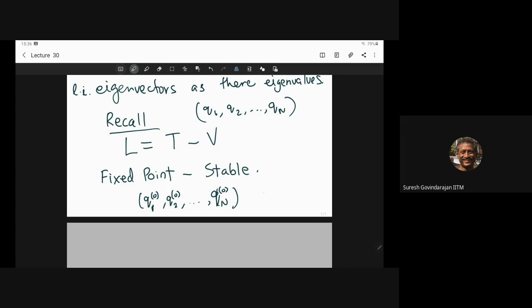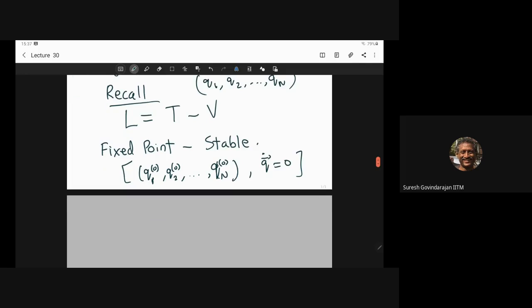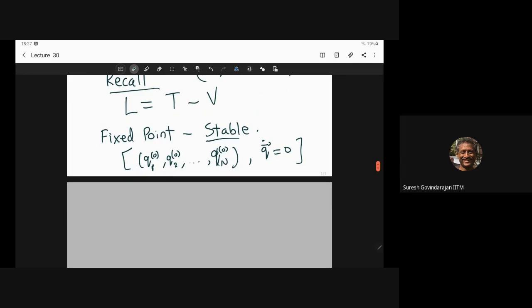Okay. And of course, all the q dots are zero, because this is a fixed point. And the assumption is that it is stable.